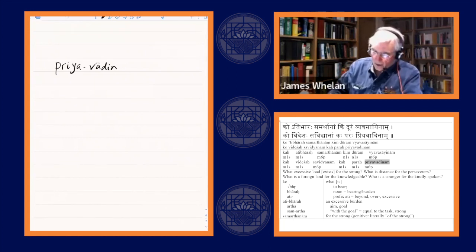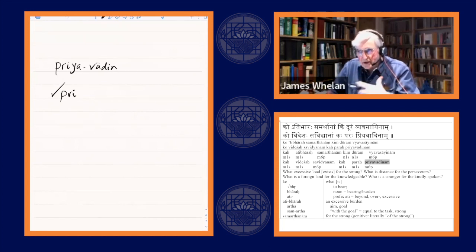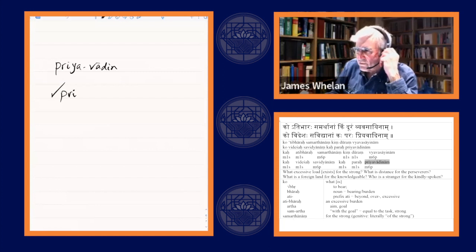We have the root pri, meaning to enjoy something, to be friendly towards it, to be sweet or nice.